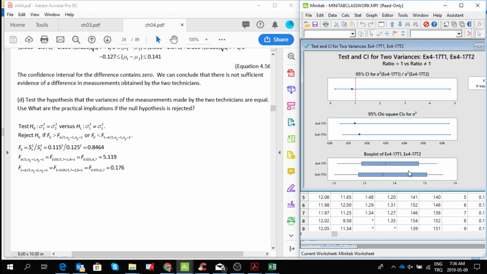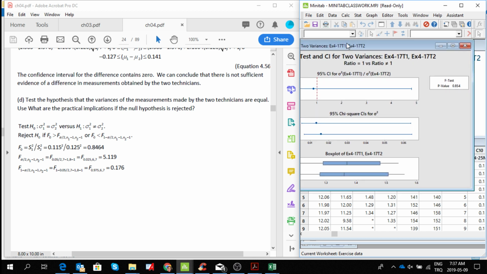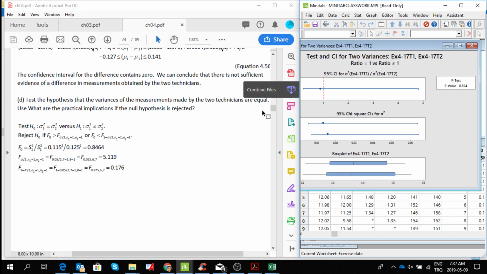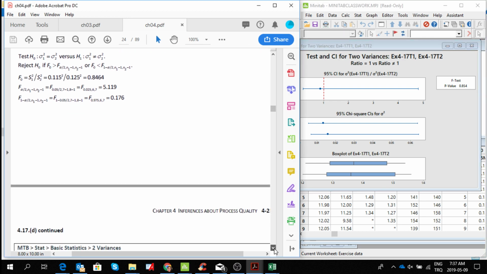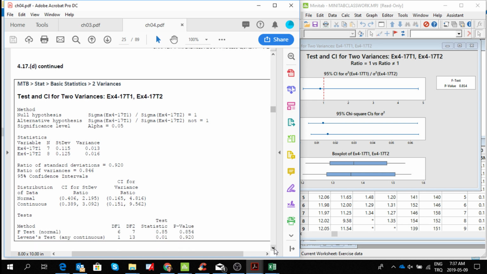So we get this information. Let me see whether we have the same output here.